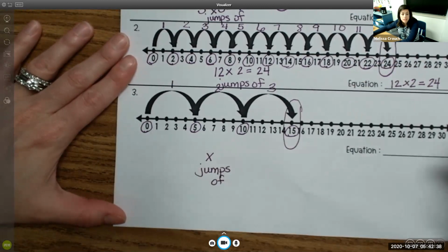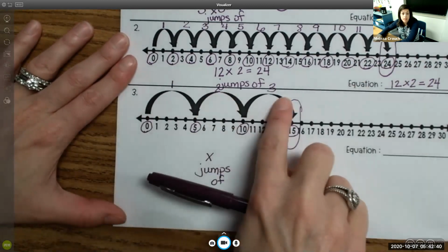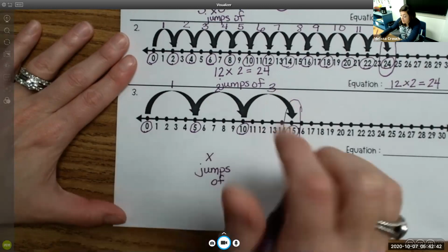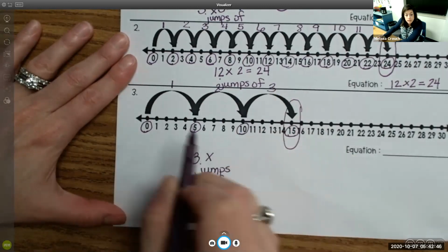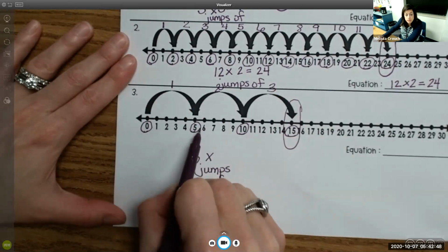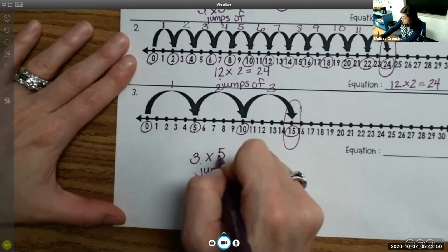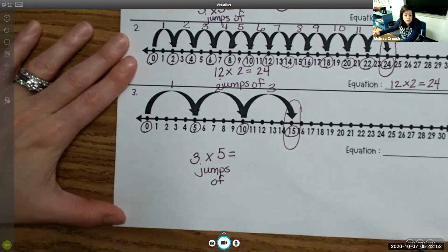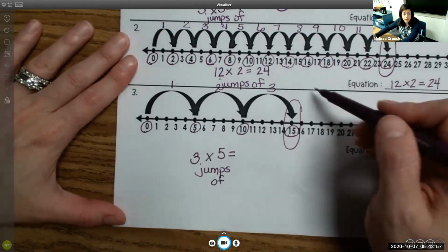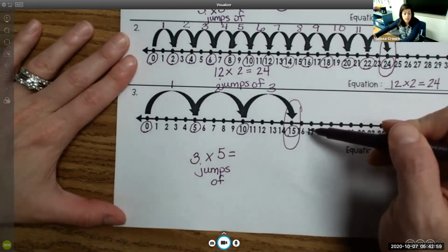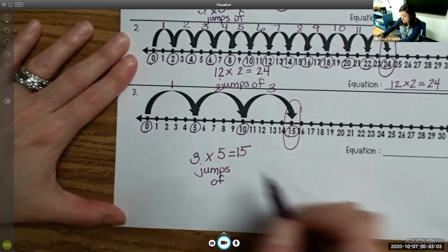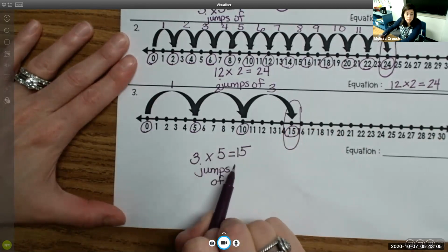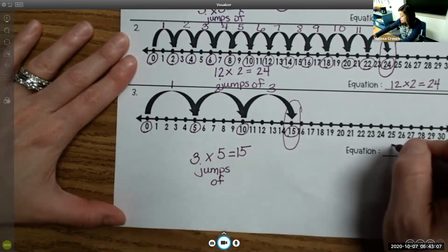So how many jumps did I make? I had 3 jumps of, and what was I counting by? 5. So 3 jumps of 5 got me to that very last number that I landed on, 15. So my equation is 3 times 5 equals 15.